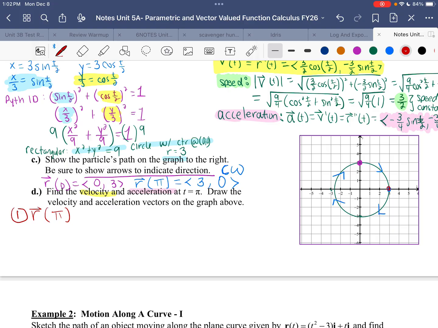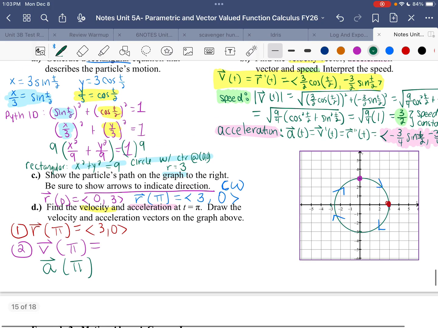R at pi was 3, 0. Then, from that point, you are going to graph and find v at pi and acceleration at pi.